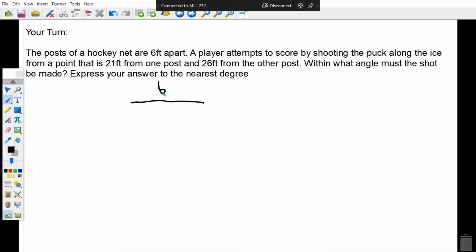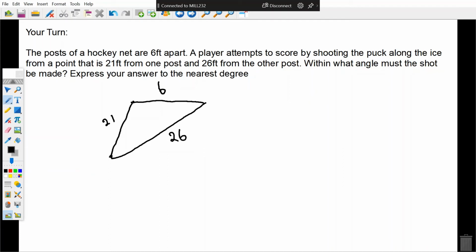This distance right here is 6 feet. This is our goalie net. I can't draw a net. You're welcome to try if you'd like to. This is our net. Now, they're saying that he is 21 feet from one post and 26 feet from the other post.